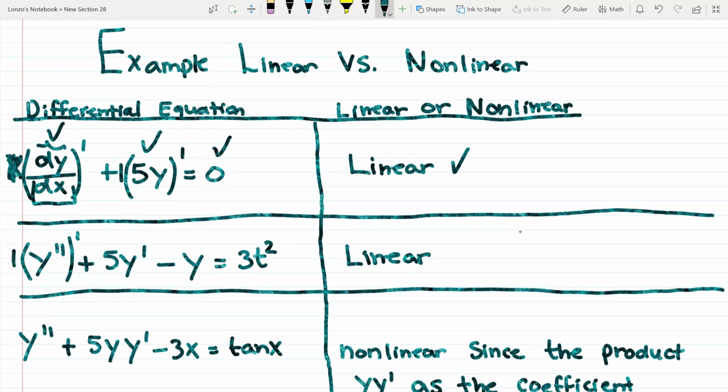As long as it's not the same letter as the numerator, fine. This one is raised to the power of 1. So this is fine. And then this has a coefficient of 5. As long as this 5 does not have a y, it's fine.